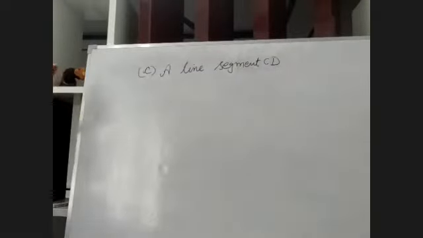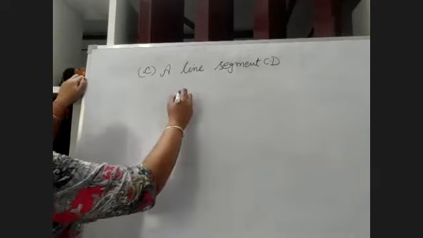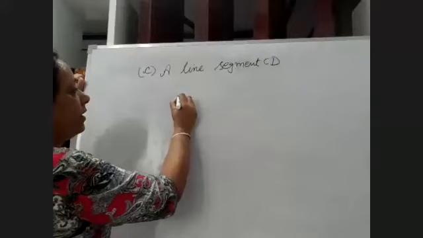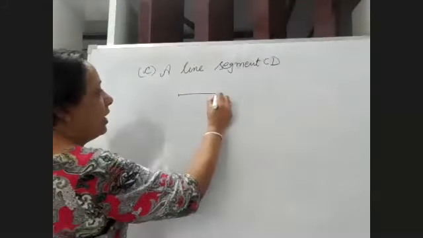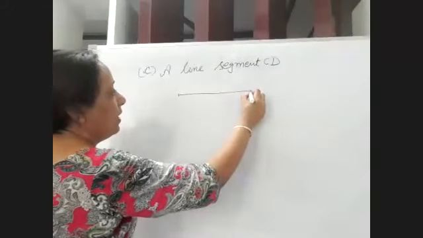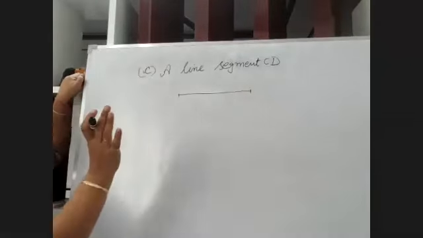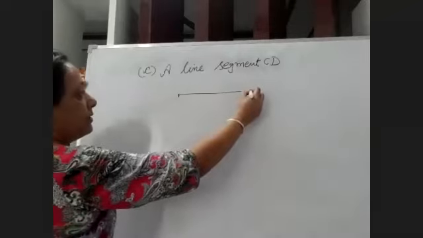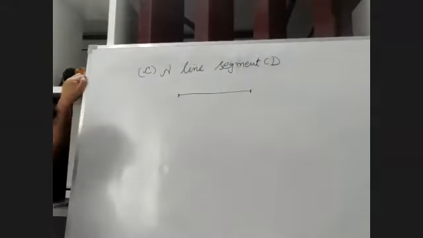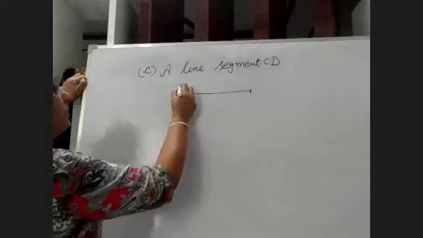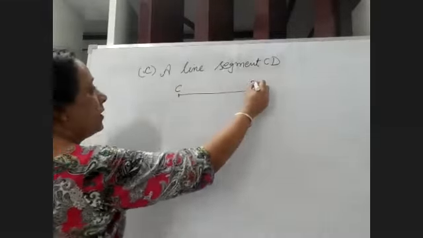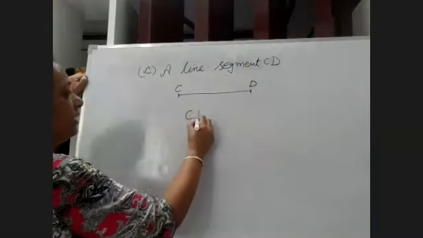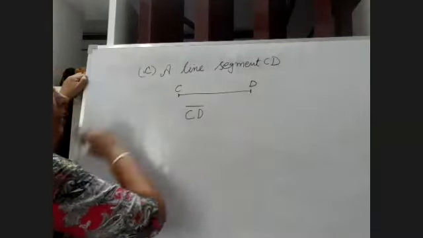With the help of scale, draw a line approximately 5 centimeters. Take an initial point, and with the help of scale, draw a line segment 5 centimeters approximately. This is the initial point, and this is the end point. Now name this line segment. This is point C, and this point is D. So the line segment is written as CD.